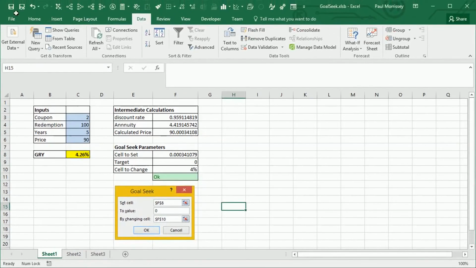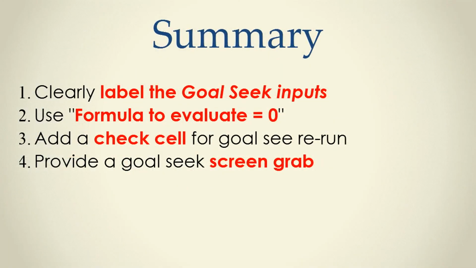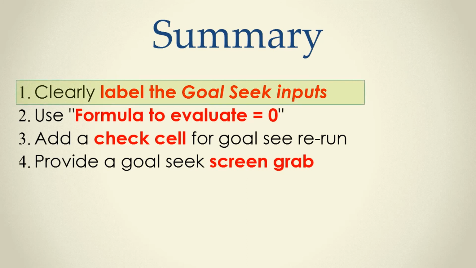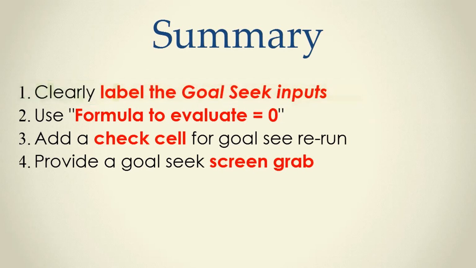And that's it. So just to finish off, a few key points when building your goal seek spreadsheet are, first of all, we need to clearly label each of the goal seek inputs. And in fact, in this example, we specifically put together a small box with each of the inputs right next to each other and clearly labeled.